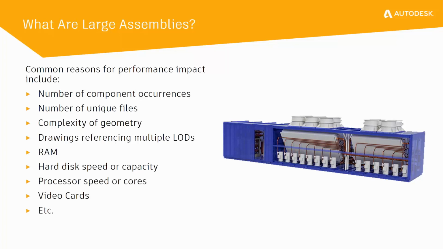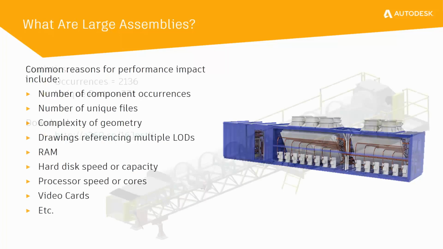It could be the way you've used certain modeling techniques, such as using numerous levels of detail inside of a drawing. It also could be down to the hardware and system you're actually using when working on large assemblies. So any of these could impact quite significantly the performance of Inventor when working on large assemblies.